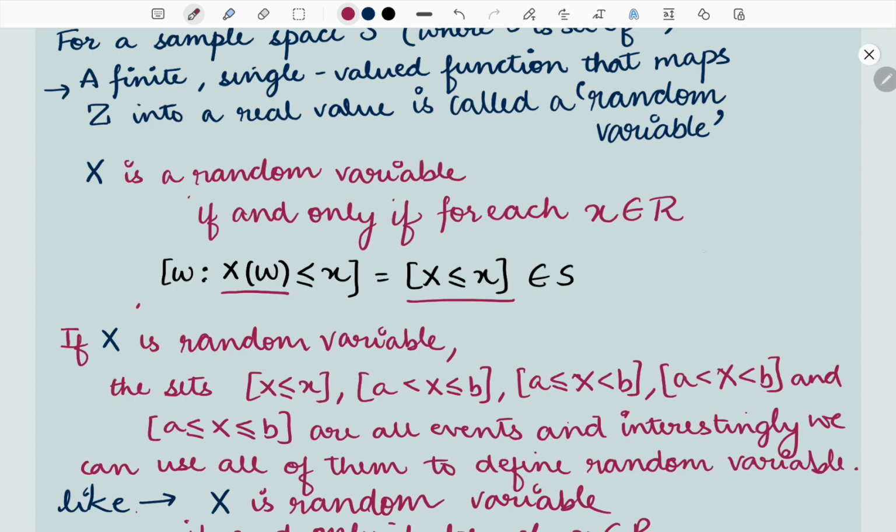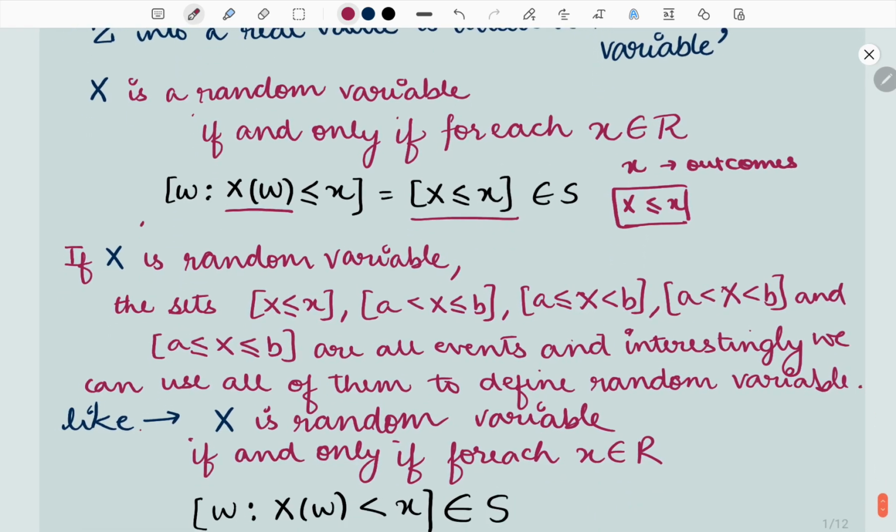This means that if the sample space forms a number of outcomes, then whatever random variable we define will always be less than or equal to the small x.